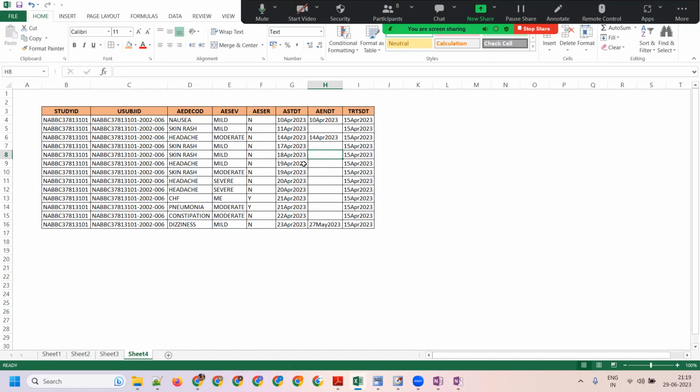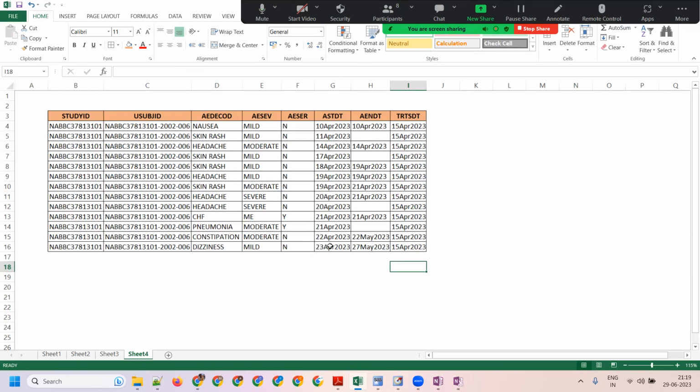So this is going to be 19th April here, 19th April here, 21st, then I'm going to take 22nd. This one is going to be 22nd May 2023. These are my dates. This is my data.